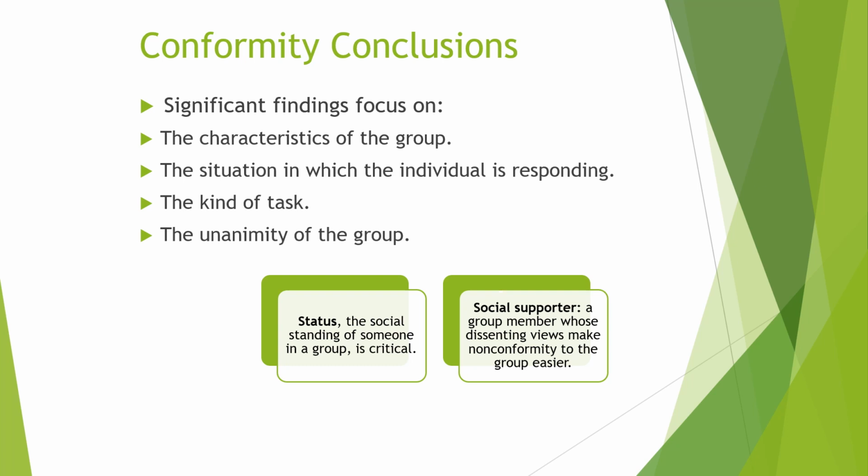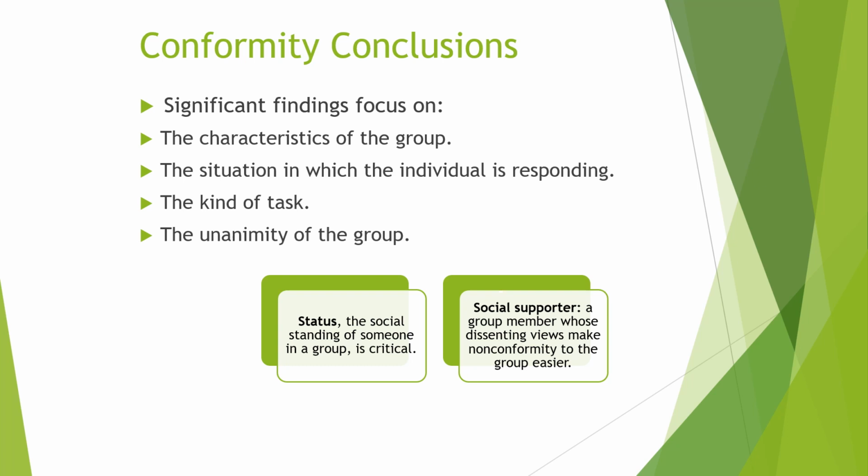Another thing is social support. This is where a group member has a dissenting view from others in the group, which makes nonconformity to the group easier. In the Solomon Asch study, on some trials, one individual said line 2, which is the correct answer, going against what everyone else said, line 1.